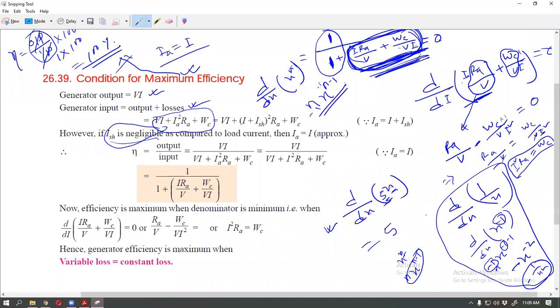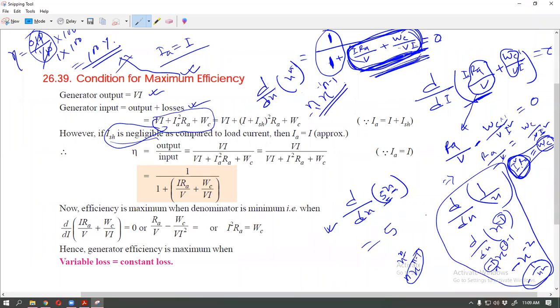Are all clear on this part? Now if this is I square RA, this is the variable loss, and this is the constant loss. If variable loss is equal to constant loss, then your result is equal to 0.